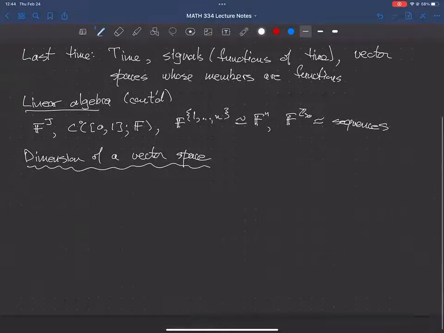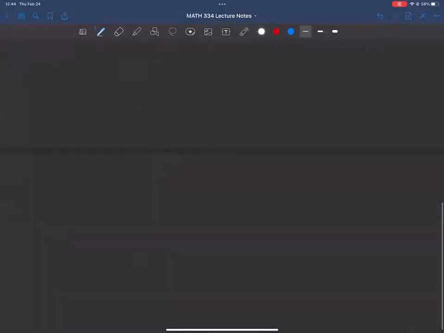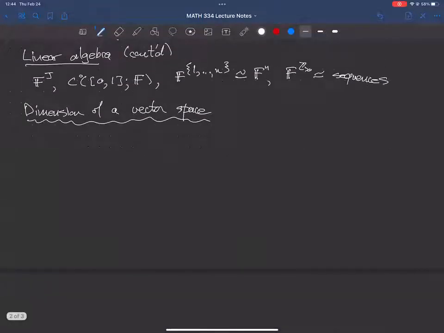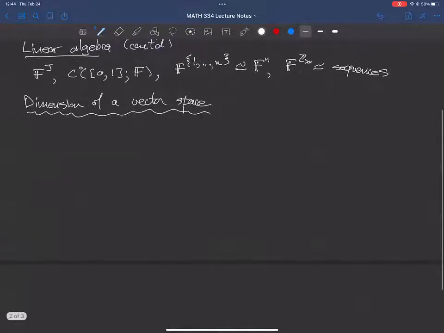So previously in your linear algebra course, the dimension of a vector space was the number of vectors in a basis, and one of the things you would have shown was that any basis will have the same number of vectors, and probably that discussion was restricted to finite dimensional vector spaces, which by definition have finite bases. But that characterization carries over to arbitrary vector spaces in the following sense.